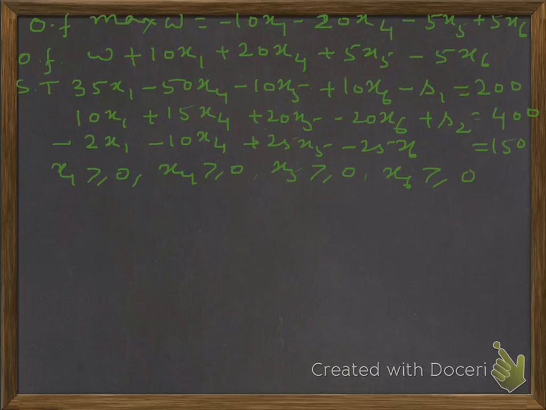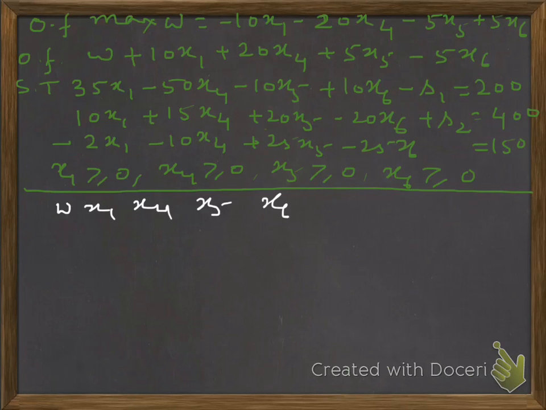Now we are ready to prepare the table. So let us do it here. For preparing a table, you have to write all the variables which you are using in this program. So we start with w, x1, x4, x5, x6. We have introduced s1, s2, and we have right hand side values.